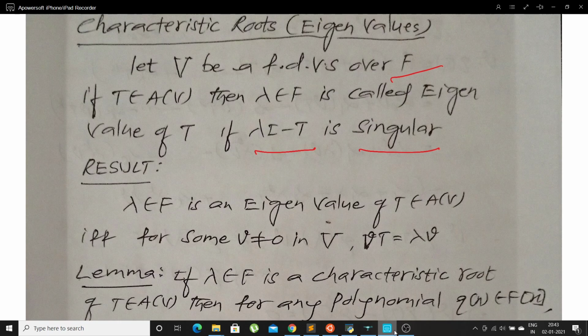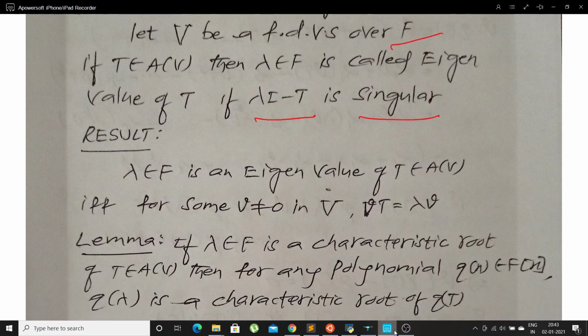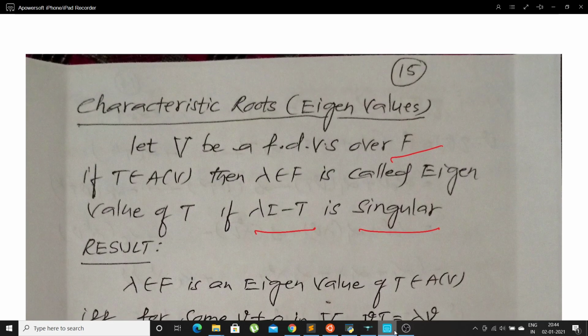The scalar lambda belonging to F is an eigenvalue of T if and only if for some non-zero vector v in vector space V, vT, that is the image of v under T, is equal to lambda v. This is the definition of the eigenvalue, the characteristic root.